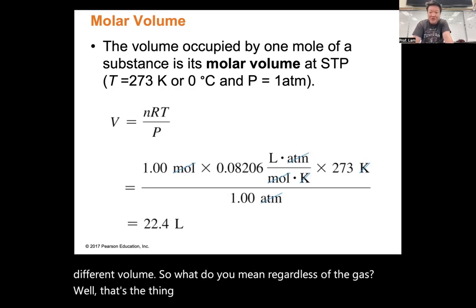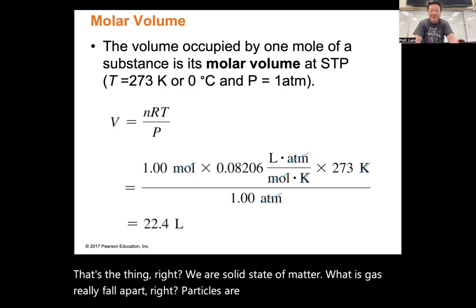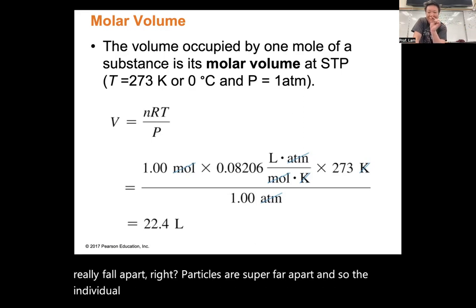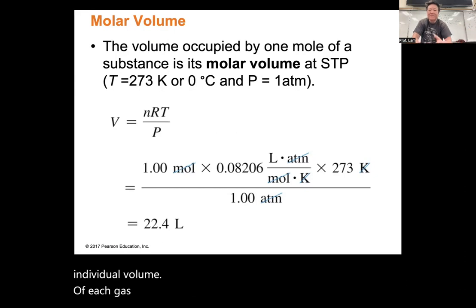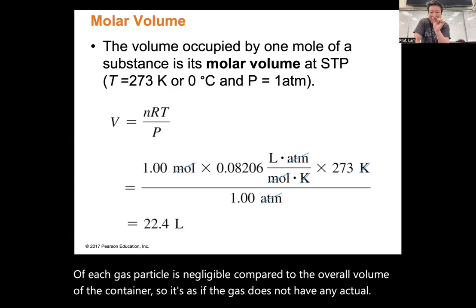We are a solid state of matter. What is gas? Really far apart, right? Particles are super far apart. And so the individual volume of each gas particle is negligible compared to the overall volume of the container. So it's as if the gas does not have any actual individual volume, right?